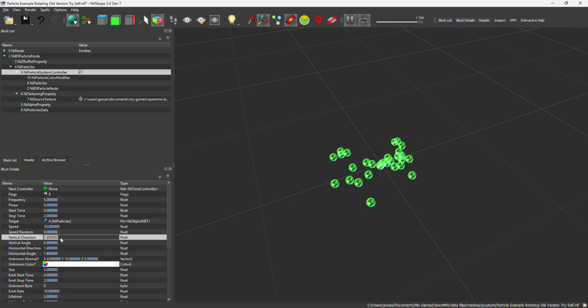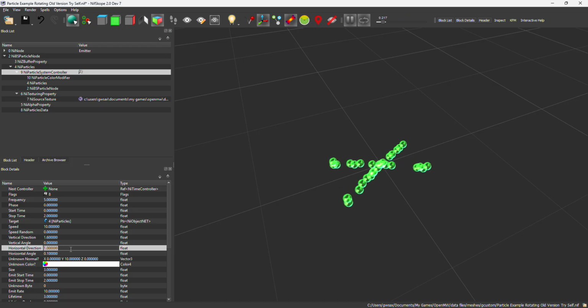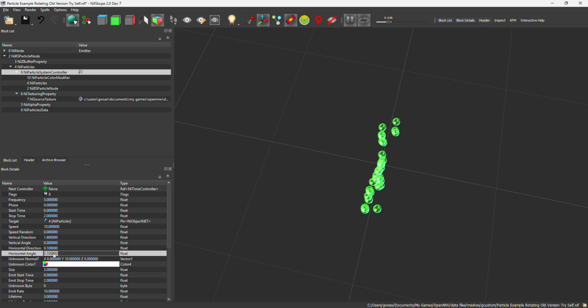And if we change this down to like 0.2, we can see it's a little bit more streamlined, the horizontal angle. Sorry, I wanted to change this to 0.1. So now we have this small angle, roughly 10 degrees.